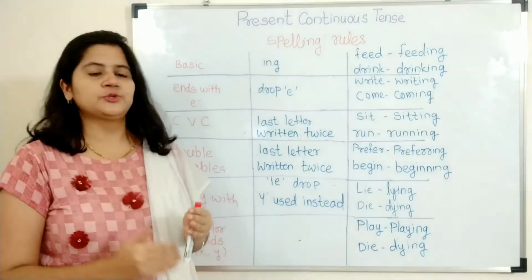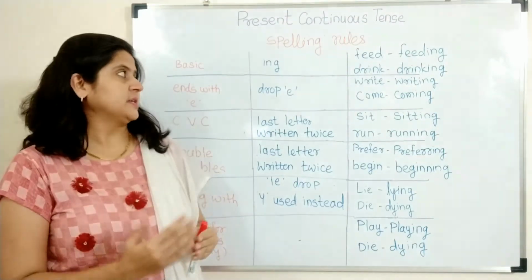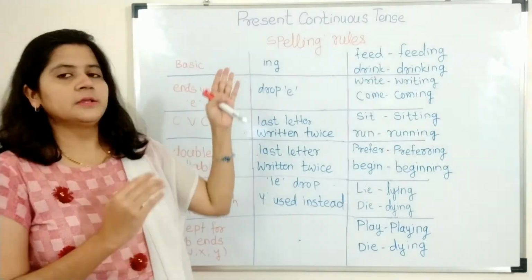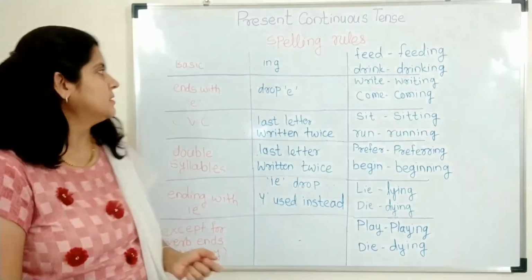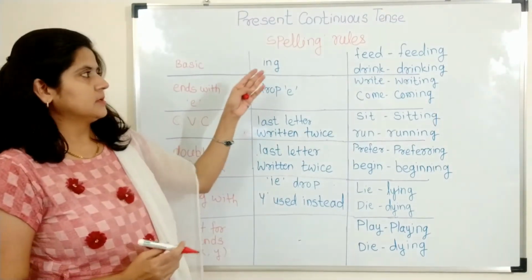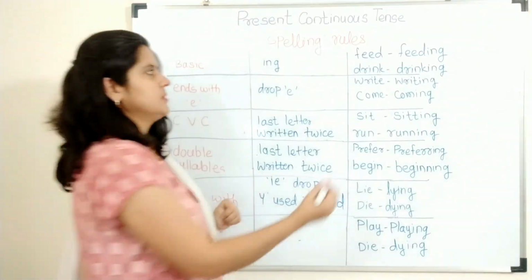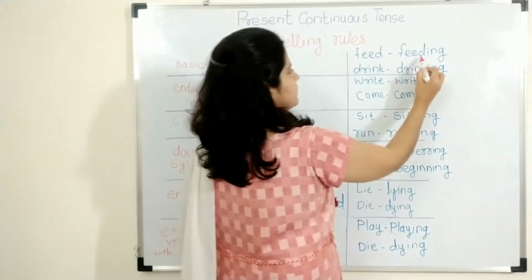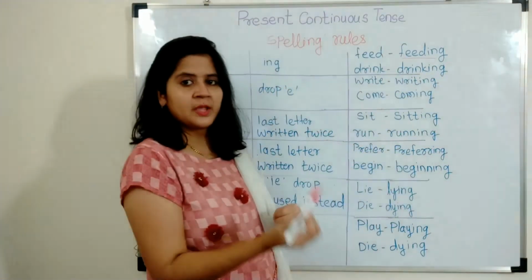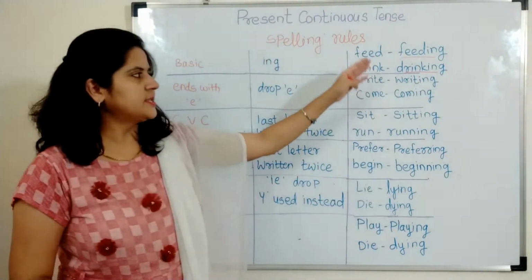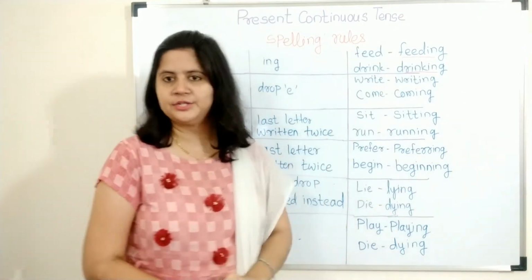Basically, everyone makes spelling mistakes while writing. So let's understand a little bit about the spelling rules. Most of the time, we simply add ing. For example, feed becomes feeding, drink becomes drinking.